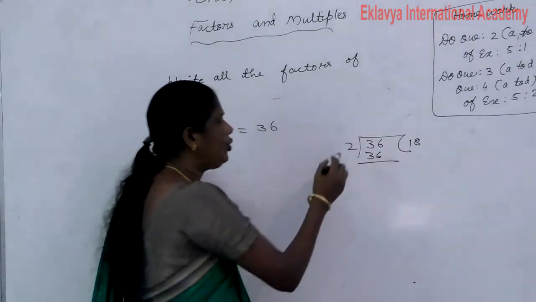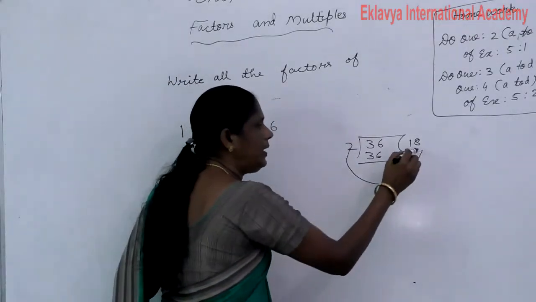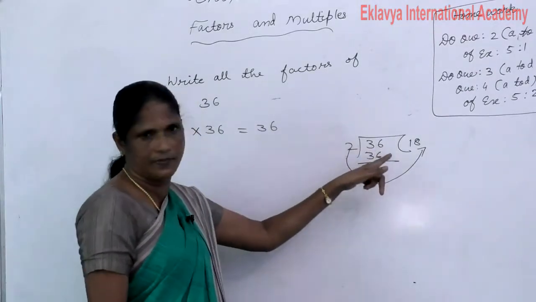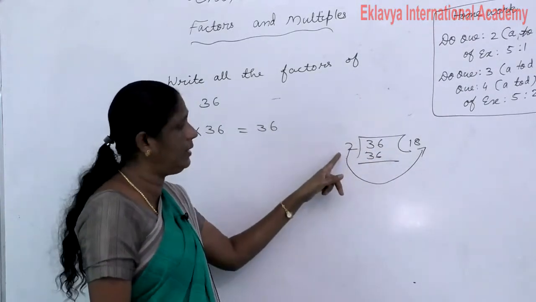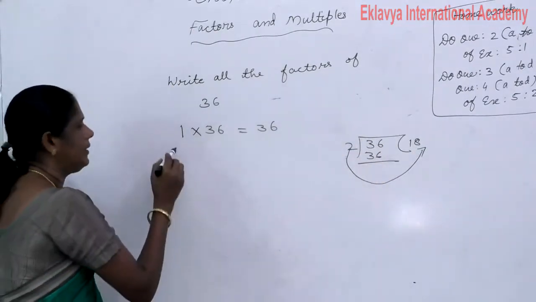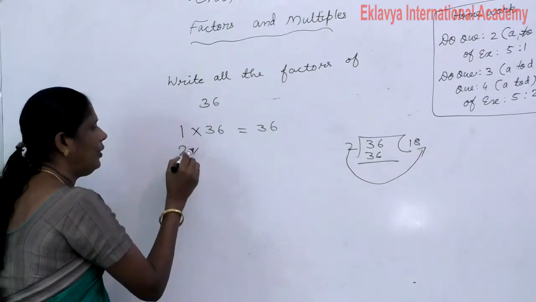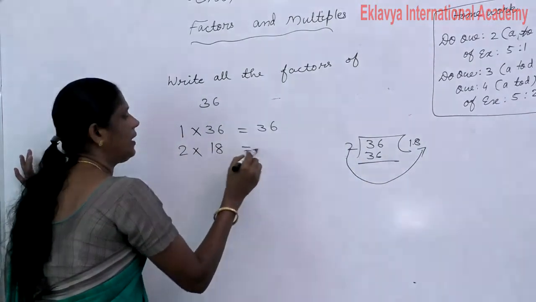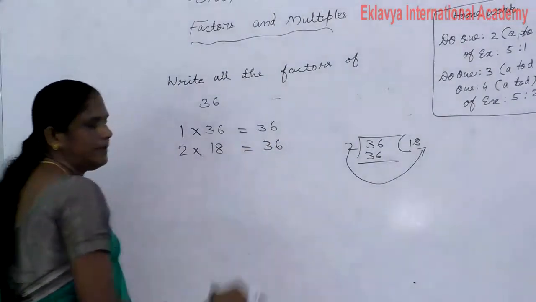Then 2 and 18 are the factors of 36. Then you write 2 into 18 is equal to 36.